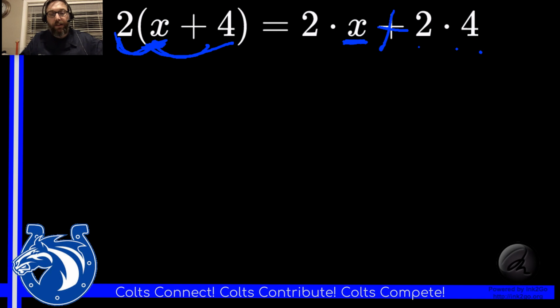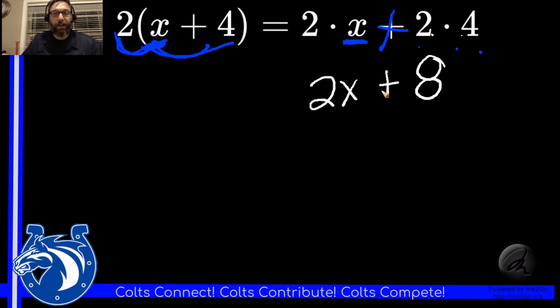Why is that a good thing, you ask? Well, because whenever I distribute this, I can go on ahead and do the rest of it. Well, 2x is still going to be 2x, but 2 times 4, I actually know that. That's going to be an 8. So an equivalent expression to 2(x plus 4) is 2x plus 8.